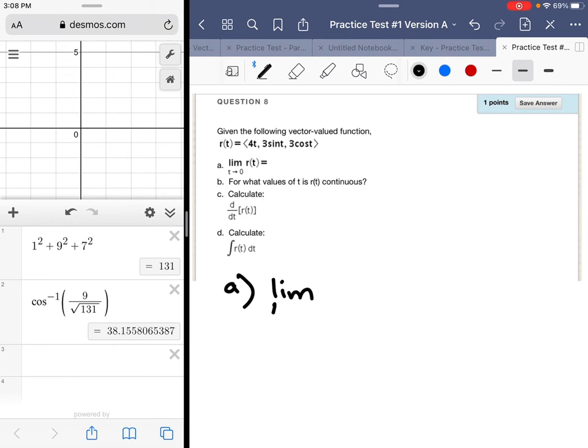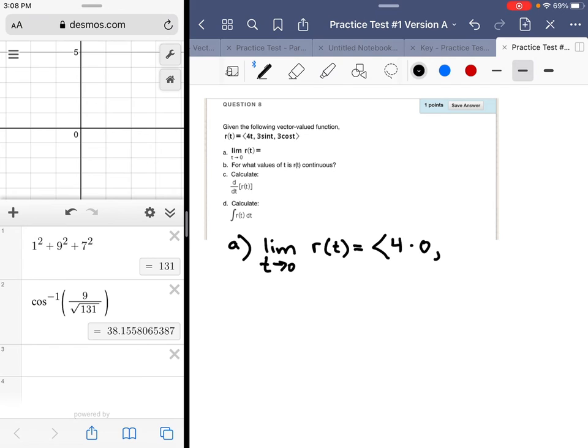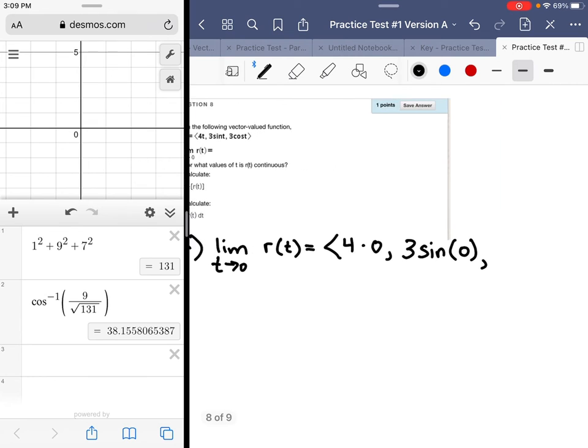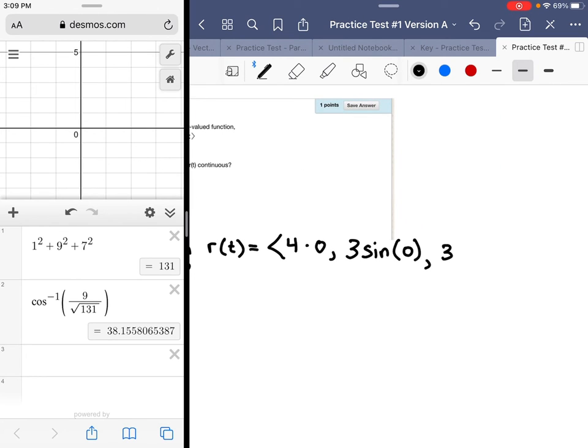the limit as t approaches 0 of r of t, very straightforward. We're replacing all of our t's with zeros, in this case. So 3 sine of t, so 3 sine of 0, 3 cosine of t, so 3 cosine of 0.